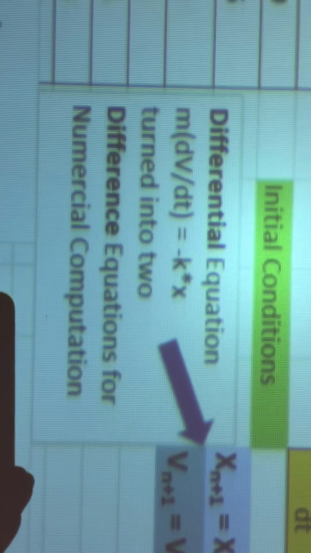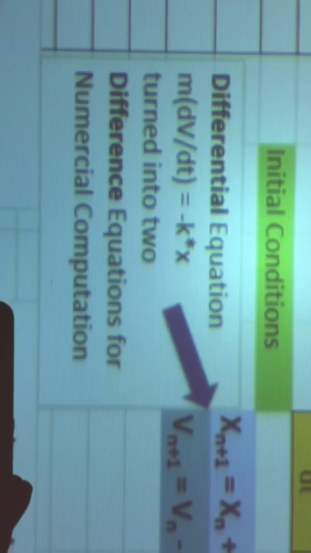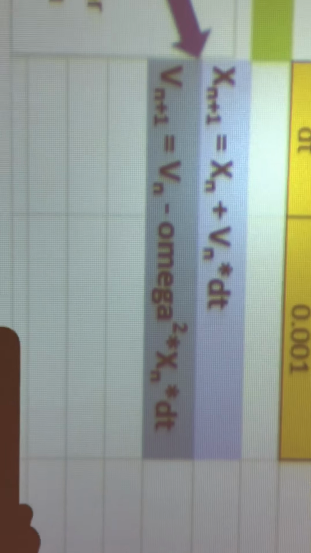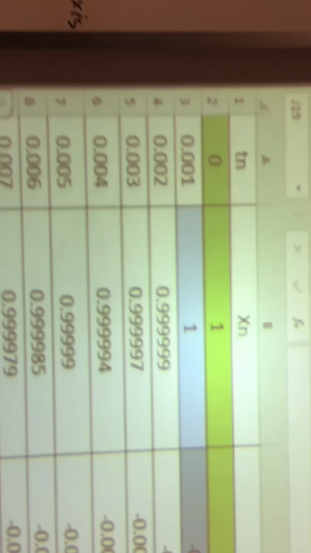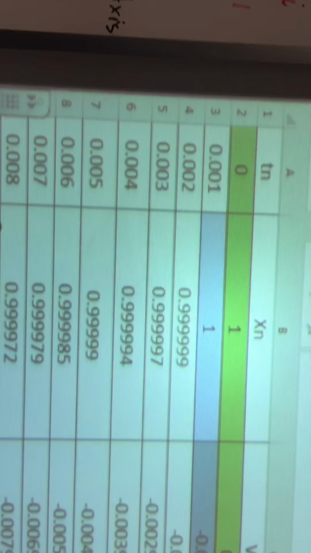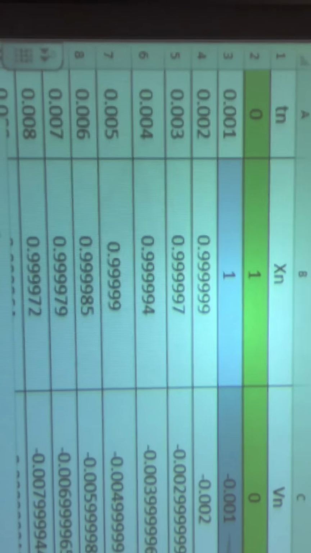All right, so then we basically start with a differential equation, turn it into a difference equation, shown here as these two difference equations, and then you implement that in an Excel spreadsheet. So you have a column for time steps, and then position at those times, velocity at those times.